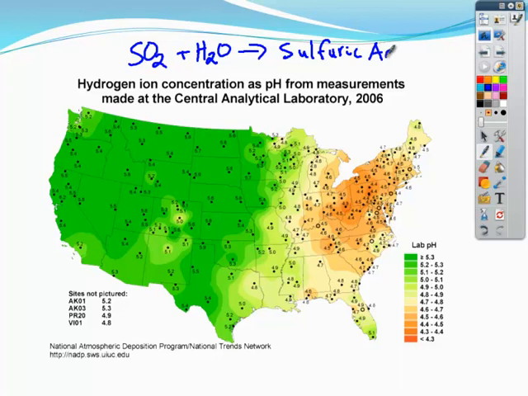And that sulfuric acid comes back to the ground in a form known as acid rain, or more technically known as acid deposition. Very important word.